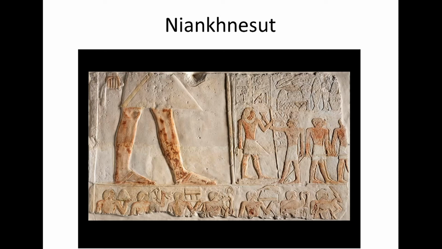This is a tomb relief, a portion of a mastaba wall. A mastaba was a type of tomb that was used before the pyramids and continued to be used after pyramids as well, but it was generally used by the aristocracy below the rank of pharaoh and the pharaoh's family.